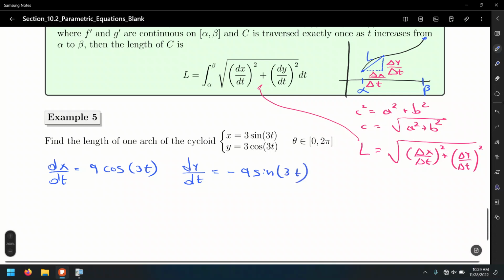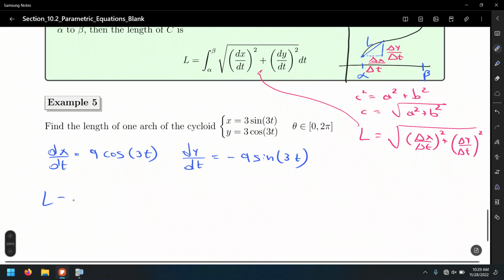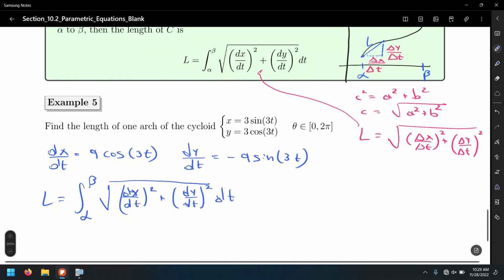All we have to do is set up the integral. So L equals the integral from alpha to beta of the square root of (dx/dt) quantity squared plus (dy/dt) quantity squared, dt.